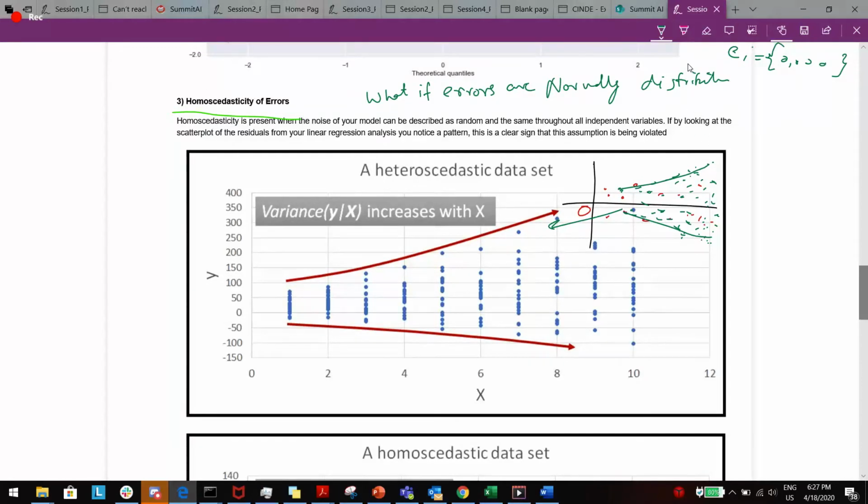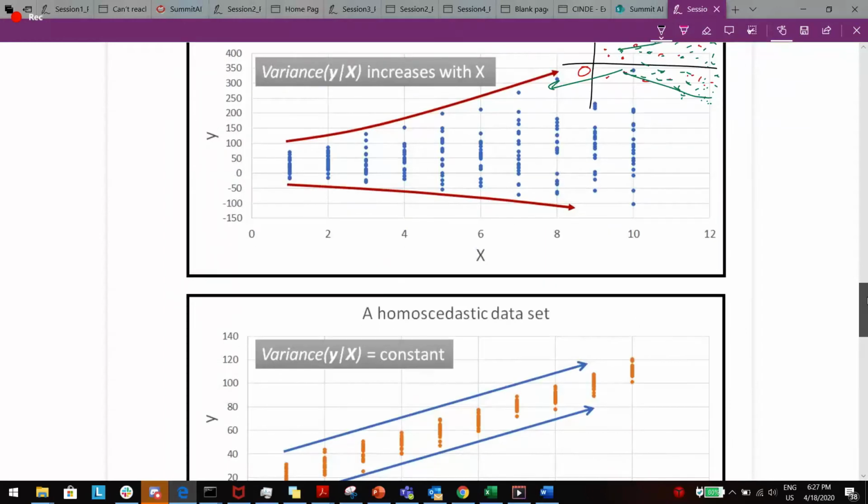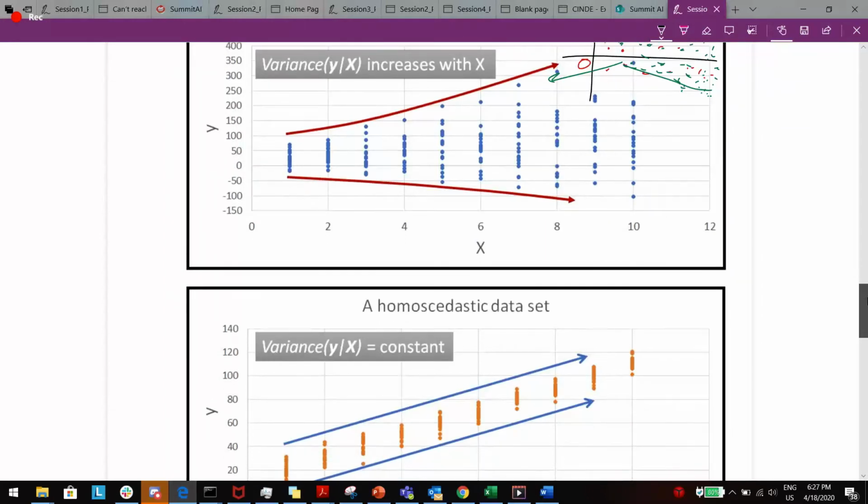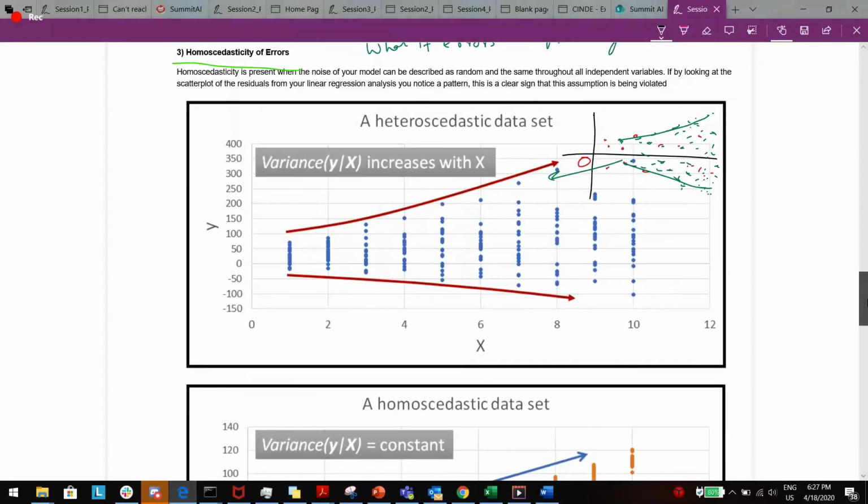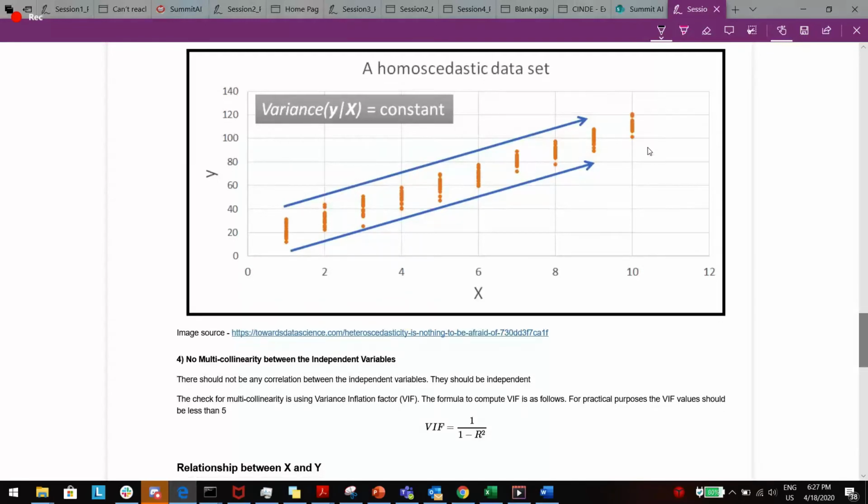Homoscedasticity and heteroscedasticity. Yeah, I understood homoscedasticity. Sorry, heteroscedasticity. Homoscedasticity is constant variation of errors.